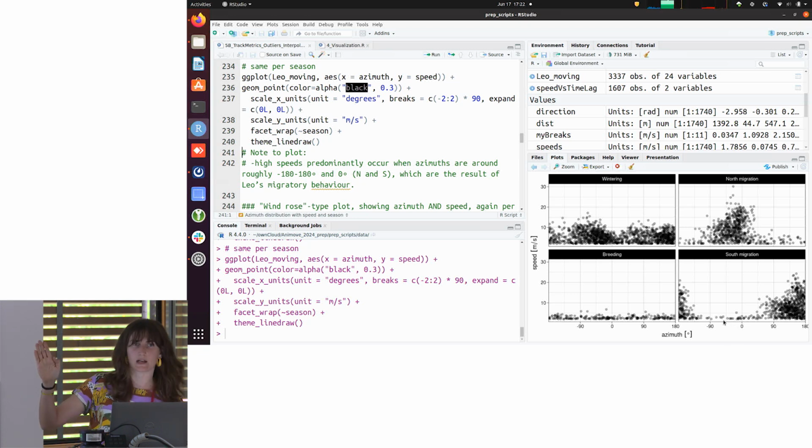As you saw in the plot, it's not really going north, but it's going northwest during north migration. South migration is southeast, sorry. And then here in the wintering, we will see later that maybe we made a little mistake in classifying, because we would expect it, like in breeding, to be more or less moving in all directions at the lower speeds. But here we see that there is a little bit of difference.